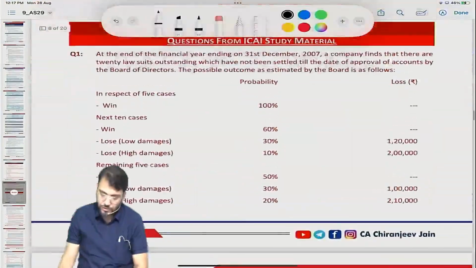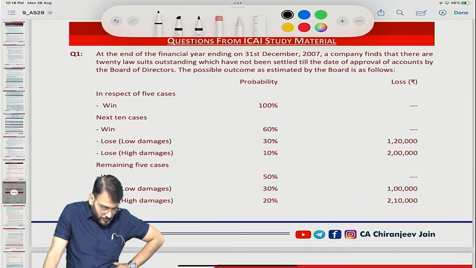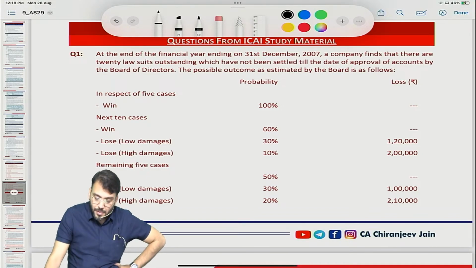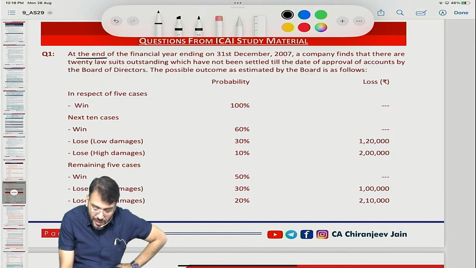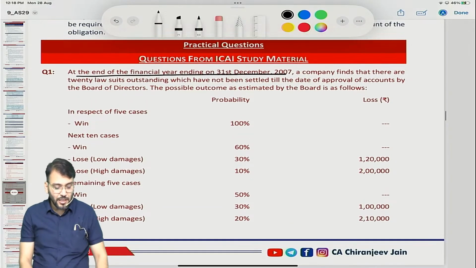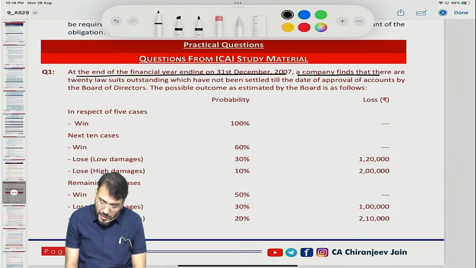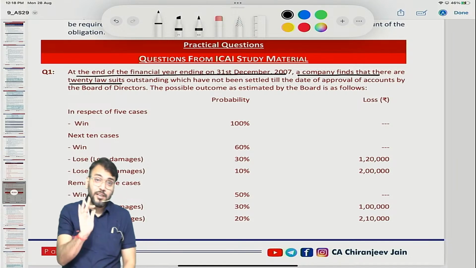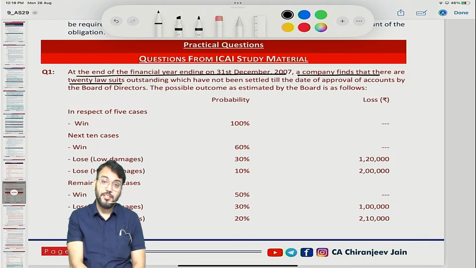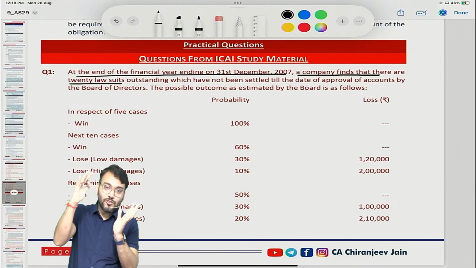One question was asked at CA inter. Let me take that question. At the end of the financial year ending on 31st December 2007, a company finds that there are 20 lawsuits, so 20 cases were pending.